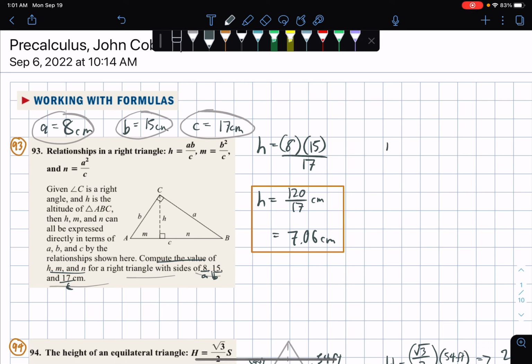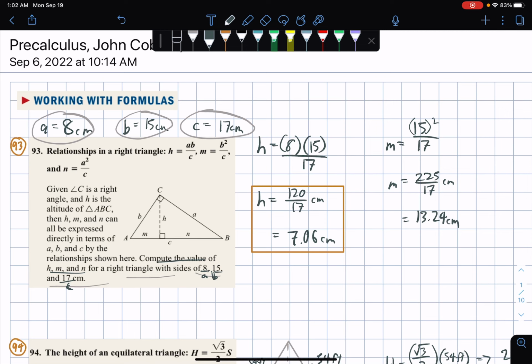Let's move on to finding letter M. M is equal to B raised to 2, which is 15 raised to 2, divided by C, which is 17. So 15 raised to 2 is 225, divided by 17. In decimal form, the answer is 13.24 centimeters.